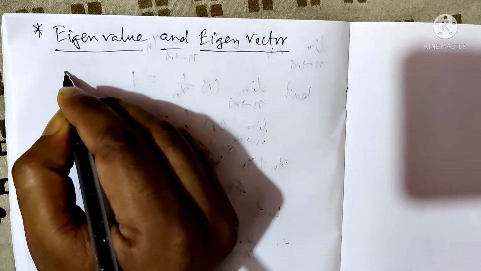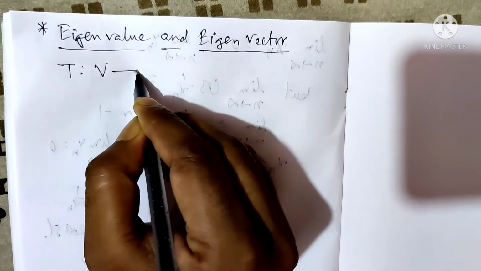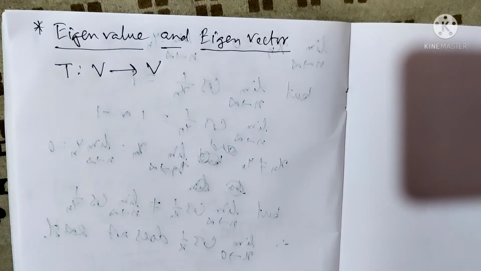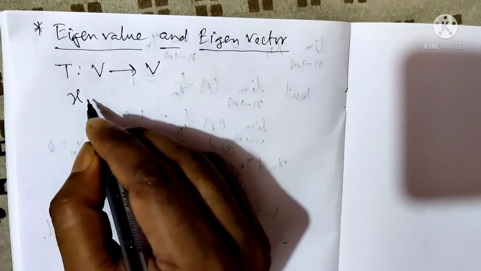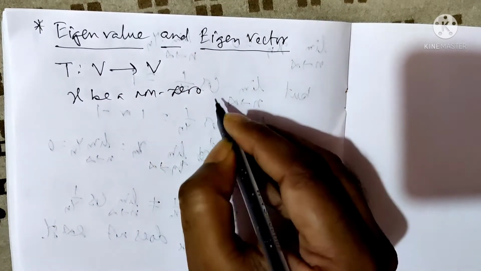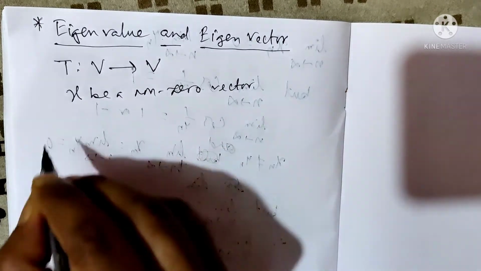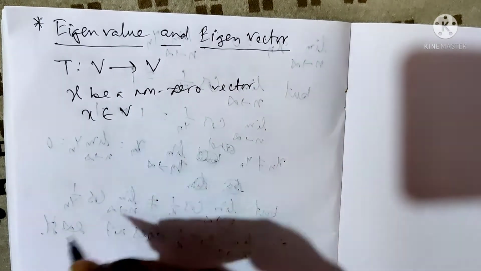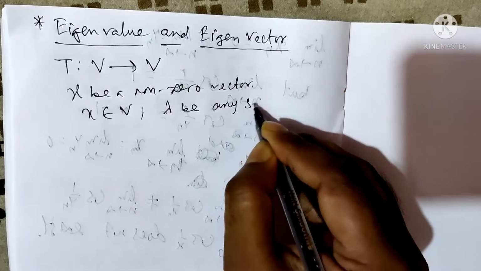Let T be a linear transformation from V to V. Let X be a non-zero vector, and X belongs to V, and lambda be any scalar.